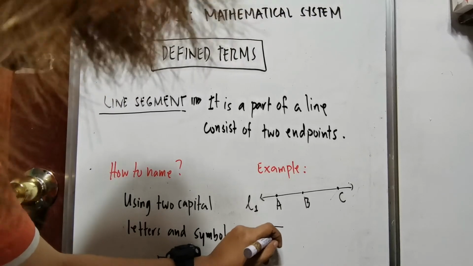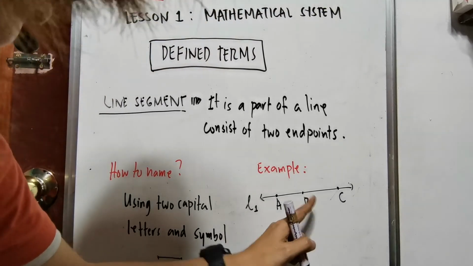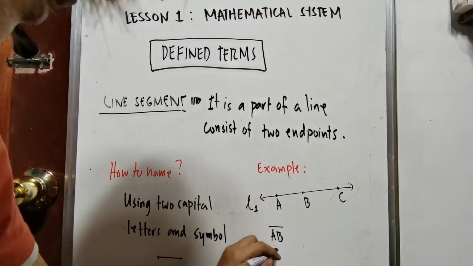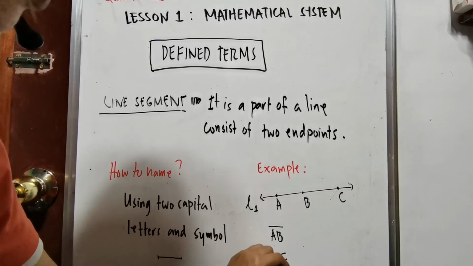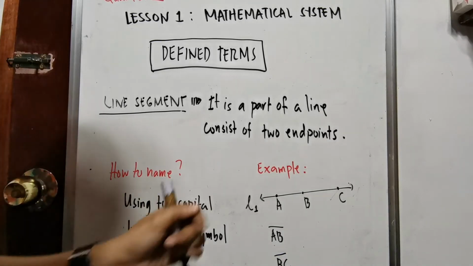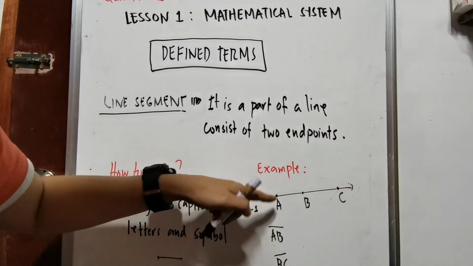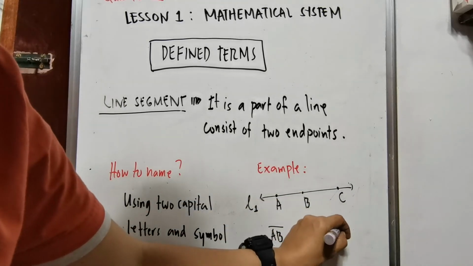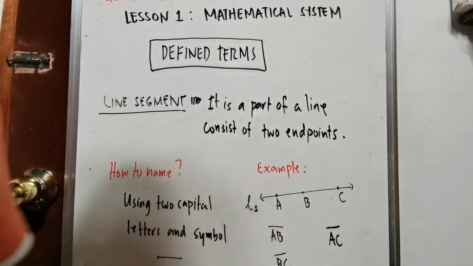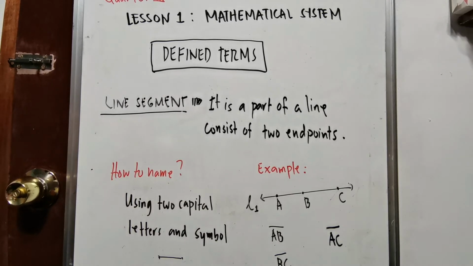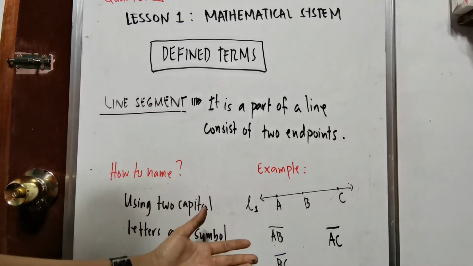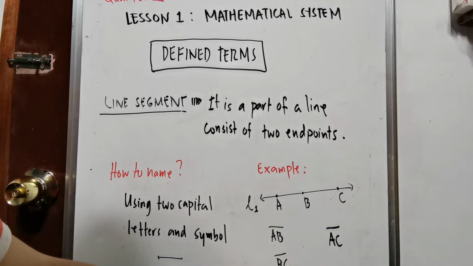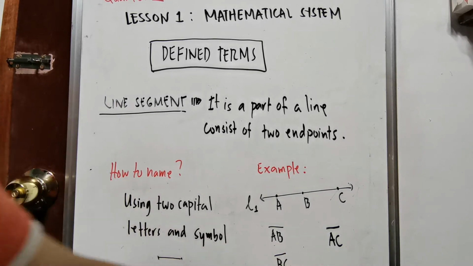We have line segment AB, and then using this point in the middle and this point C, we have line segment BC, or we can use point A and point C, so we will have line segment AC. On the other hand, you can name those as line segment BA, line segment CB, and line segment CA.